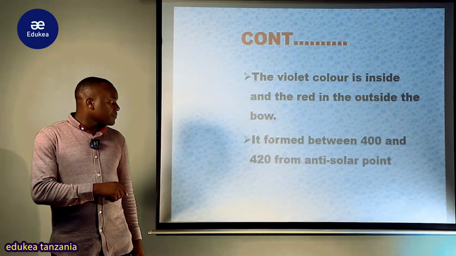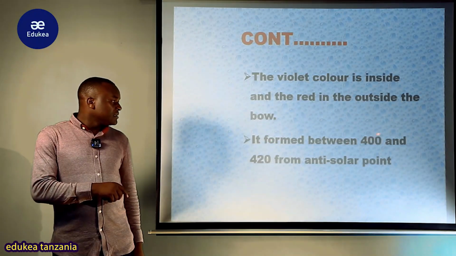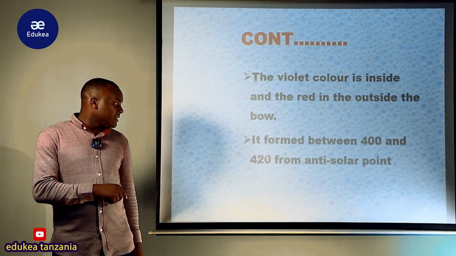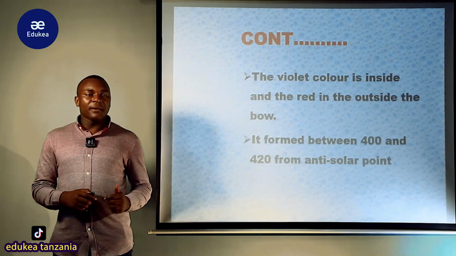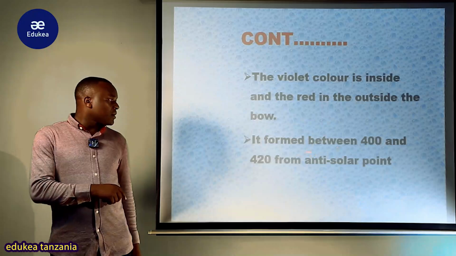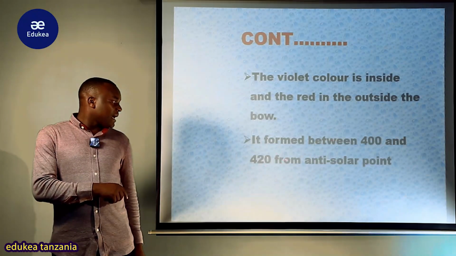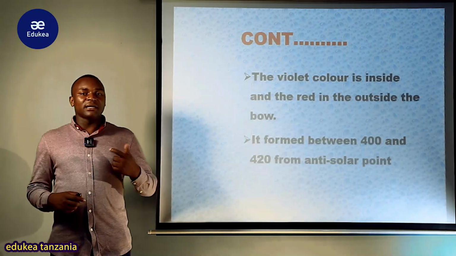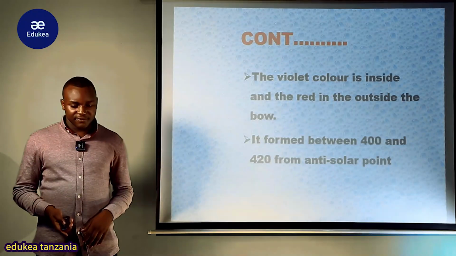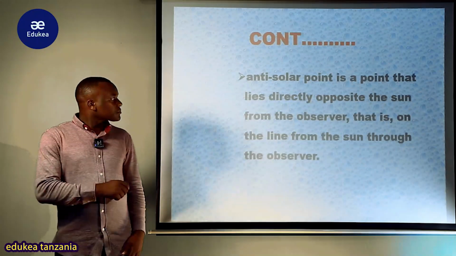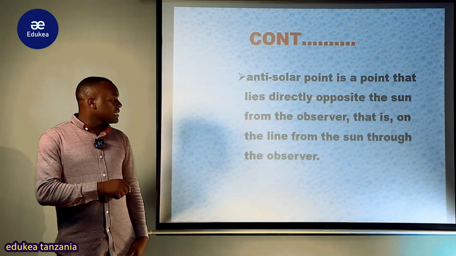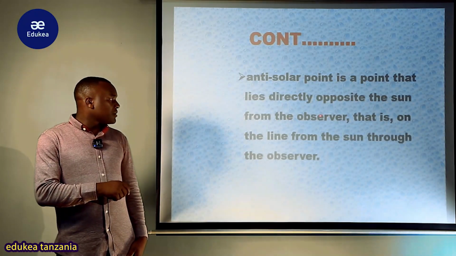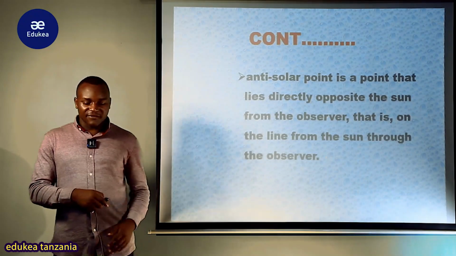But also it is formed between 40 and 42 degrees from the anti-solar point. We say that the anti-solar point is a point that lies directly opposite the sun from the observer, that is on the line from the sun through the observer.